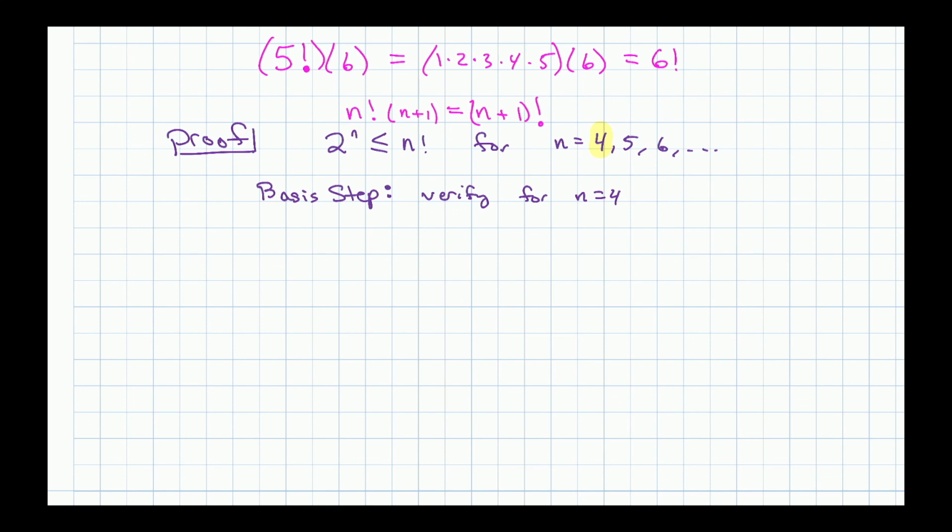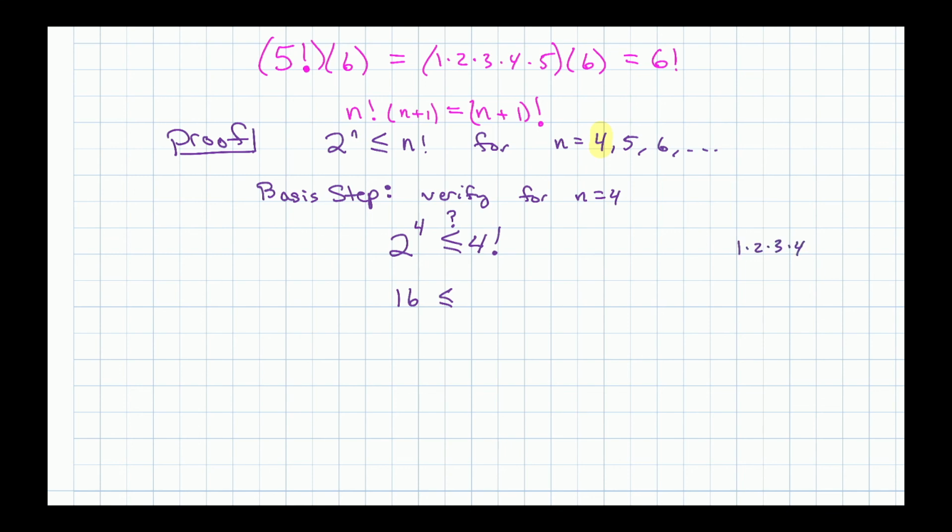So if n is 4, then the left-hand side is 2 to the 4, and the right-hand side is 4 factorial. I don't know if this is true, so I'll put a question mark over it and just work out both sides. 2 to the 4th is 2 times 2 times 2 times 2, that is 16. And 4 factorial is 1 times 2 times 3 times 4.